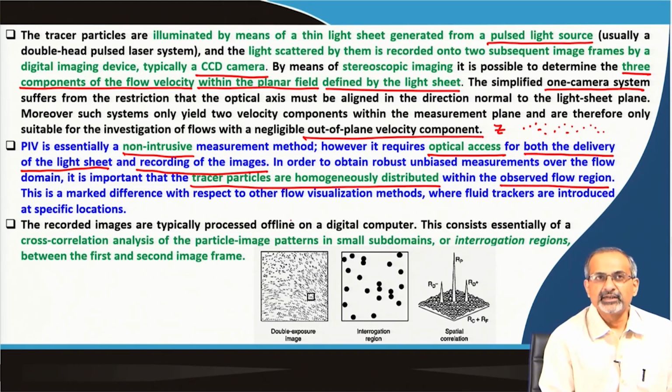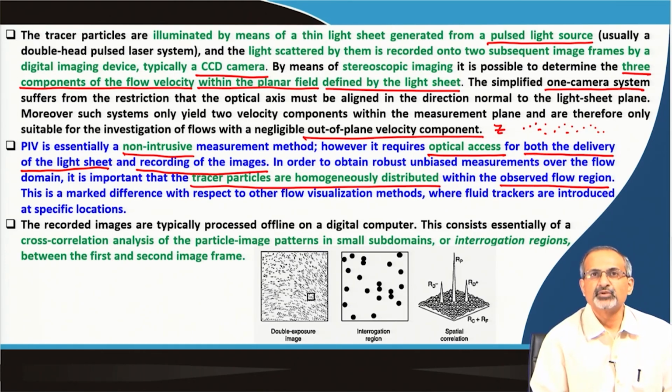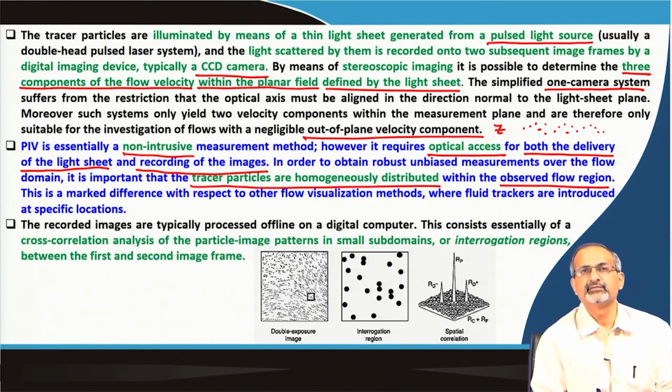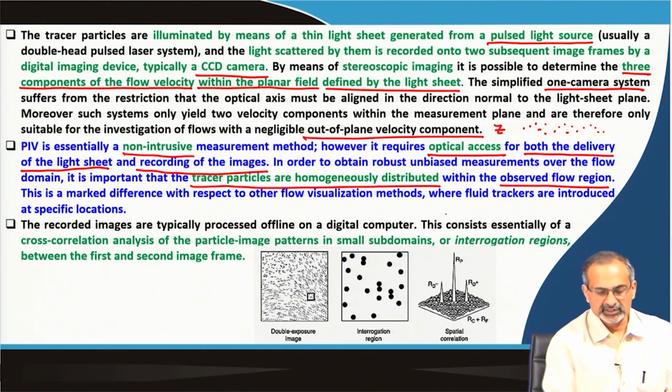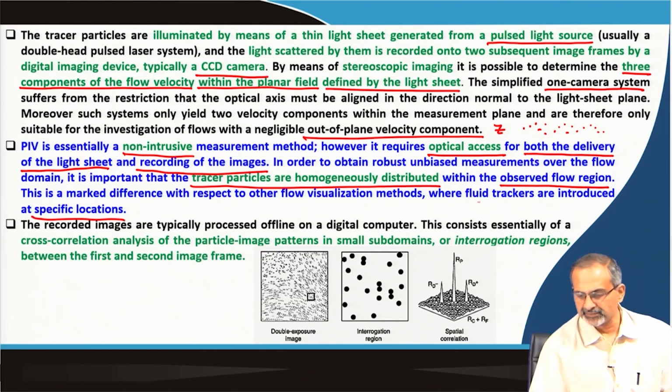This is a very distinct difference with respect to other flow visualization methods, because we have seen that for smoke flow or dye flow methods, we looked at specific points through which those smoke or dyes were introduced into the flow field, which means that you are selectively looking at the flow field by using the fluid trackers, which are introduced at specific locations.